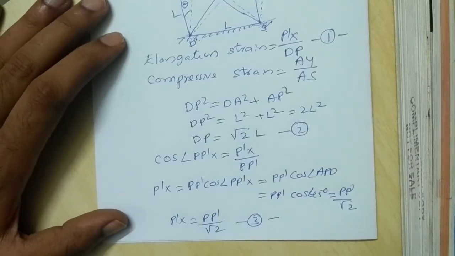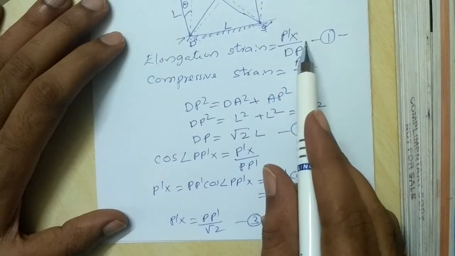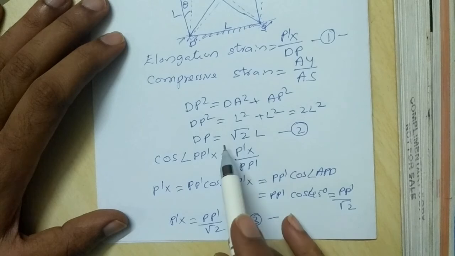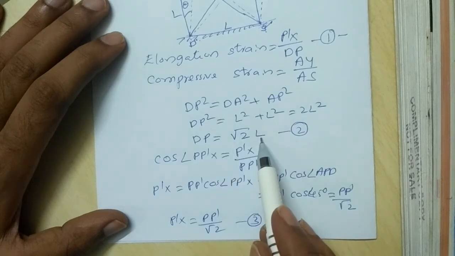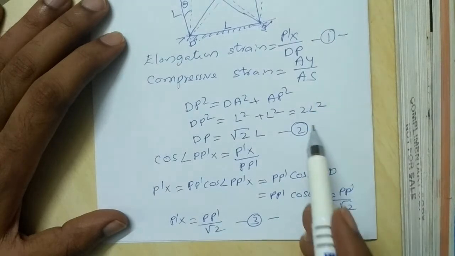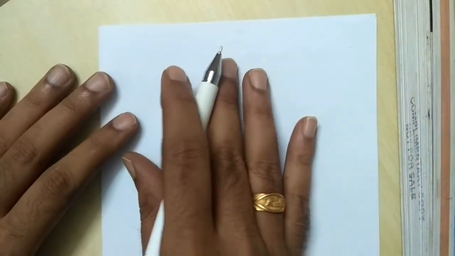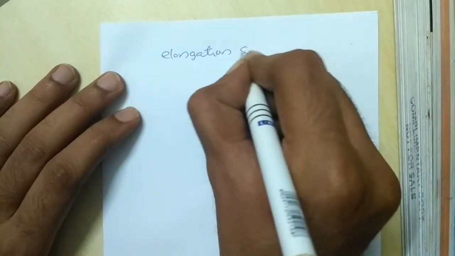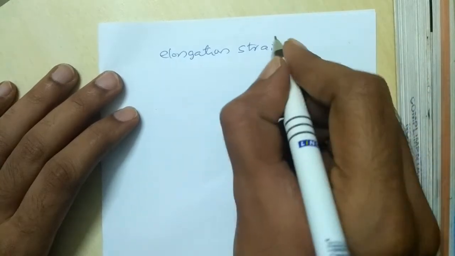So now I have an expression for elongation strain, that is equal to P dash X divided by DP, but DP is root 2 into L, and P dash X is equal to PP dash by root 2. So from equations 1, 2 and 3, I can write elongation strain equal to P dash X by DP.